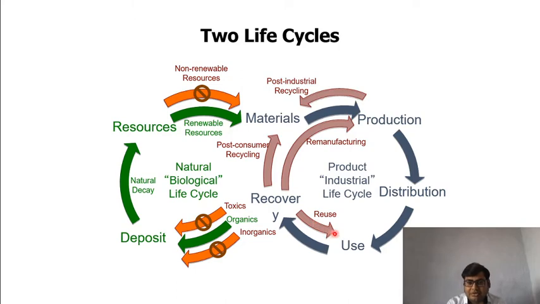The first is trying to reuse it. If reuse is not possible, then what we are doing, we are trying to remanufacture it so that it goes back directly into the production cycle. And even if remanufacturing is not possible, then we are thinking about recycling.